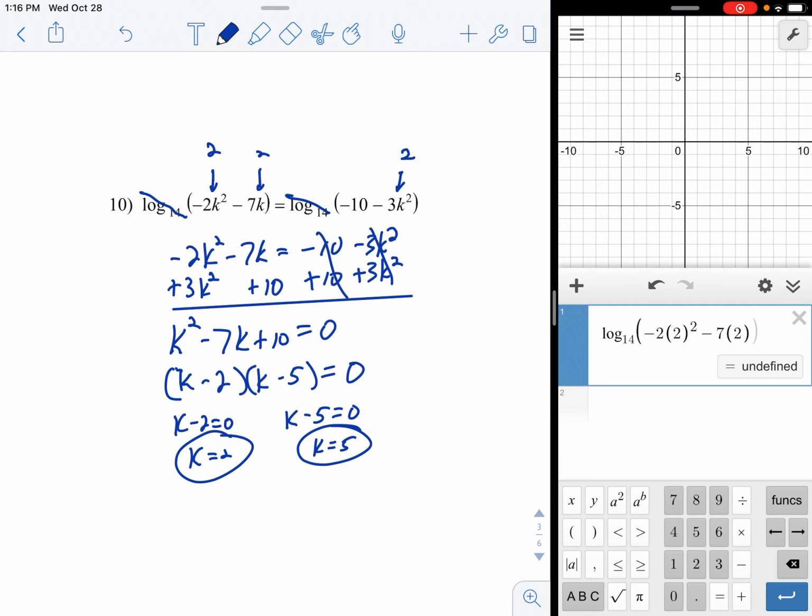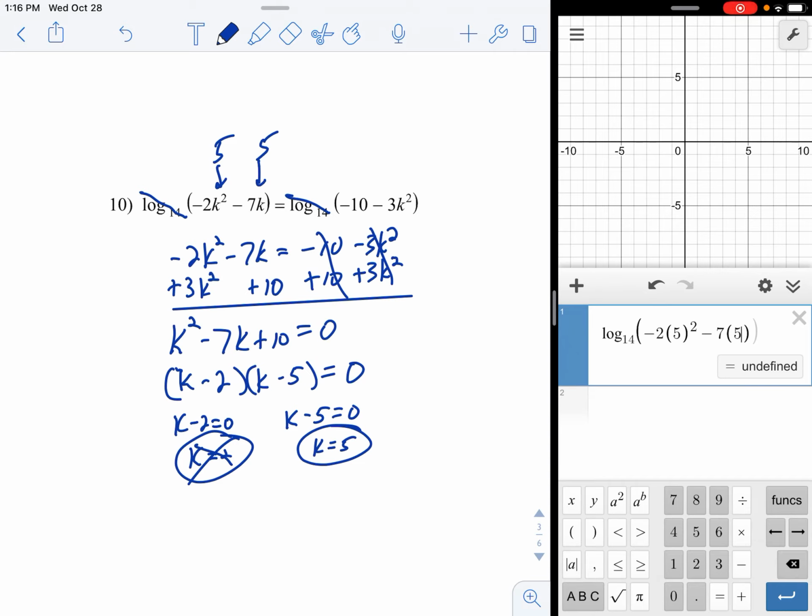And already I get undefined. So that is a bad answer. I don't even need to plug it in here to check. Undefined is undefined. It's no good. So 2 is extraneous. I cross it out. Now I need to do the same thing with 5. Plug it in here and here. Well, I'm going to make my life easier and change these 2's to 5's.